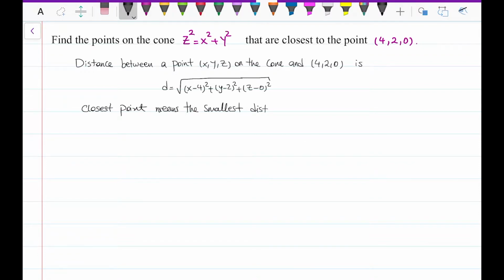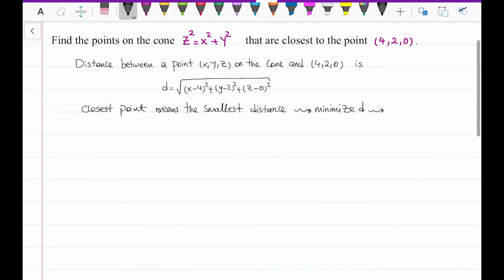So based on that, what I need to do is to minimize the function d. And if I minimize the function that is inside the square root, basically I minimize the whole d, because the square root doesn't play that much role.